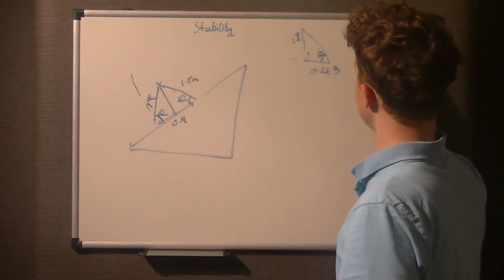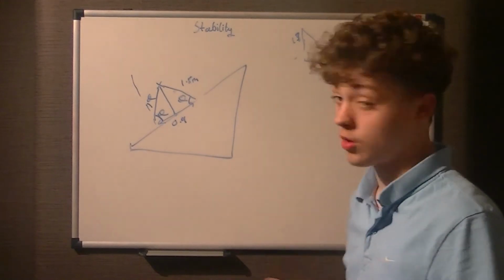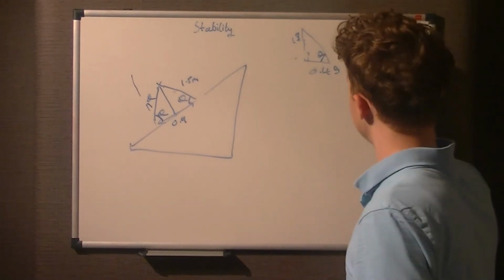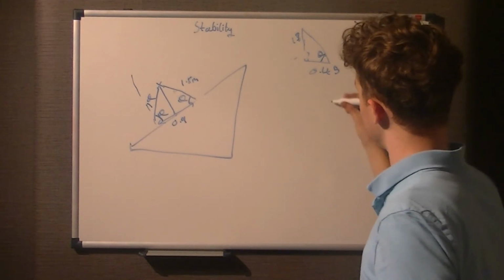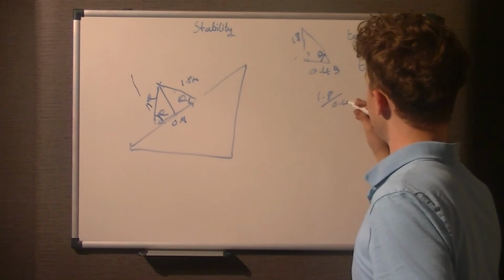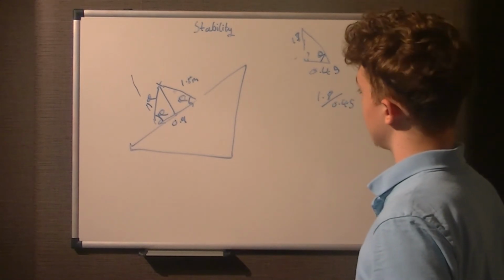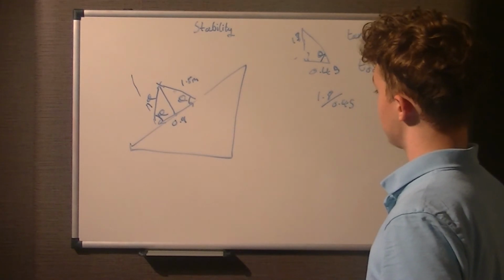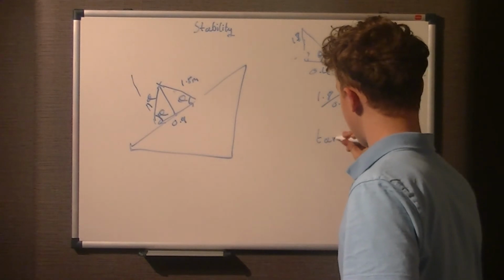Now tan is opposite over adjacent, so opposite 1.8 over 0.45. We're going to inverse tan that.